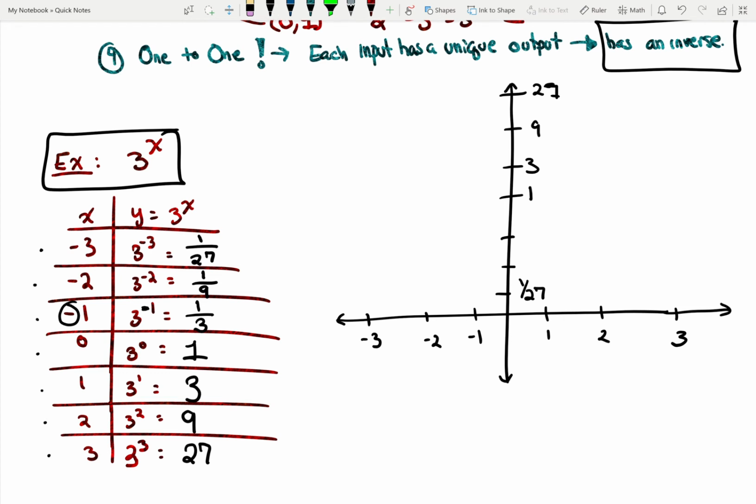I'm just going to scooch it down a little bit, just so it makes a little bit more sense. 1 over 27, 1 over 9, 1 over 3. All right, you guys will get the picture. So at -3, I have this. At -2, I have this. At -1, at 0, I have 1, at 1, 3, at 2, I have 9.